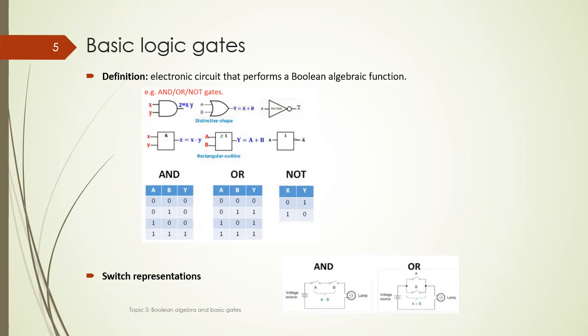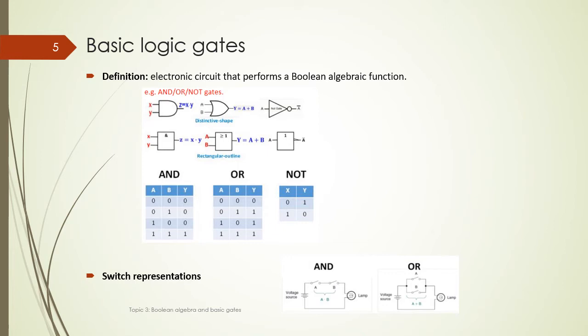The real circuit doesn't look like that. The real circuit involves knowledge about transistors and resistors, the basic circuit components, and that's beyond the scope of this course. So here, we just use those symbols to represent that circuit. Okay, so those are called gates.